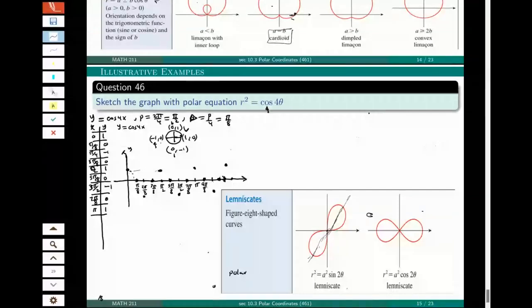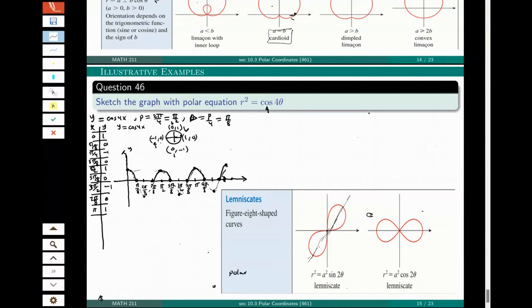So that should be the graph. But since it is r squared, we will not consider the negative parts, so we will get only that one, then from 3 pi over 8 until 5 pi over 8, then the negative we'll skip, we'll get that one, and so on.